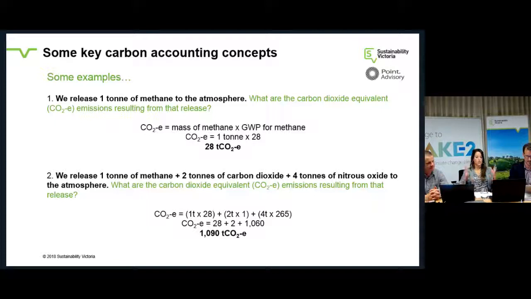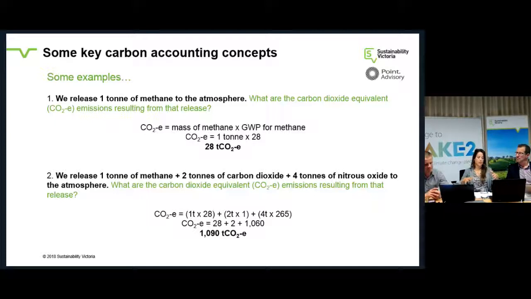So in the first one, say we release 1 ton of methane to the atmosphere. How do we know how much carbon dioxide equivalent that is? We multiply 1 ton of methane by its global warming potential, which in this case is 28. And that gives us 28 tons of carbon dioxide equivalent, which is the unit we use in carbon accounting.